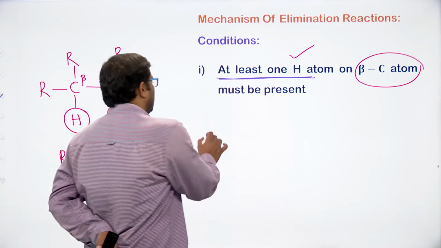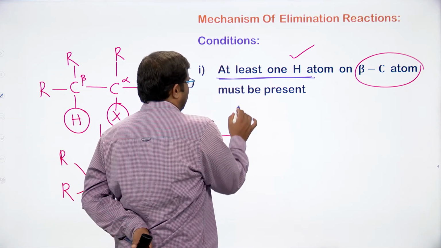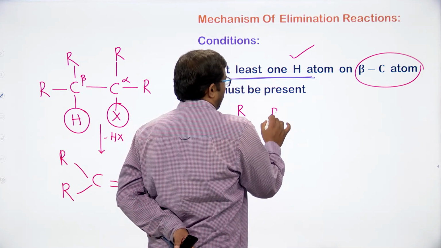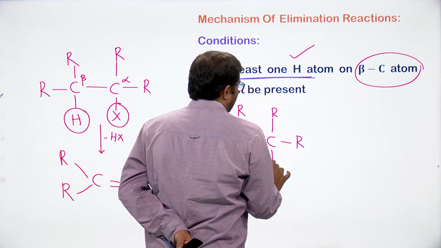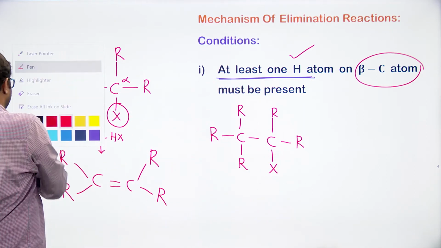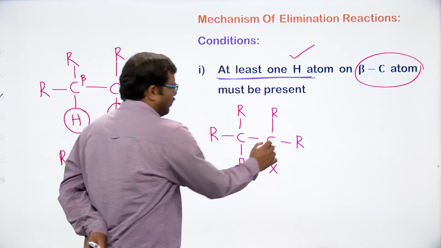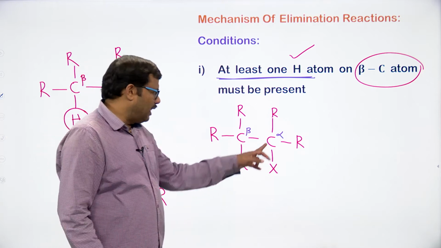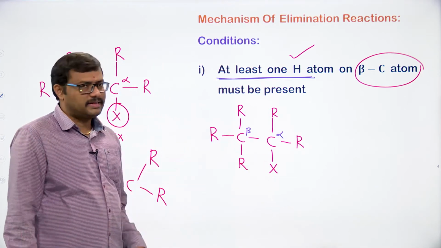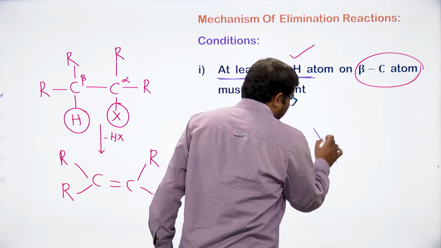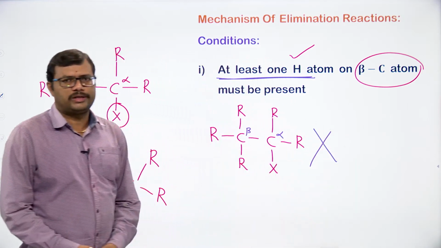Suppose we have a moiety like this, where we do not have any hydrogen on the beta carbon atom, but we have an alpha carbon with a halogen. Okay, this is the alpha carbon and this is the beta carbon, right? So, the alpha carbon has a halogen, but the beta carbon doesn't have any hydrogens. So, in this case we cannot expect the elimination reaction; it won't take place. Why?